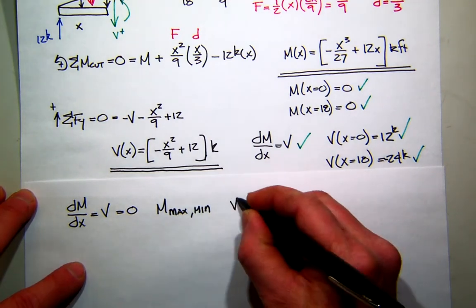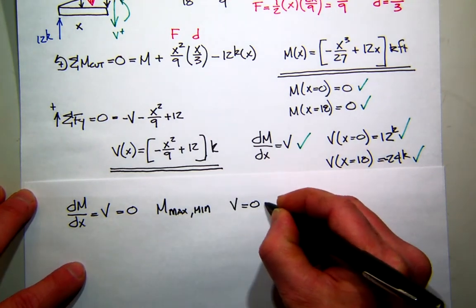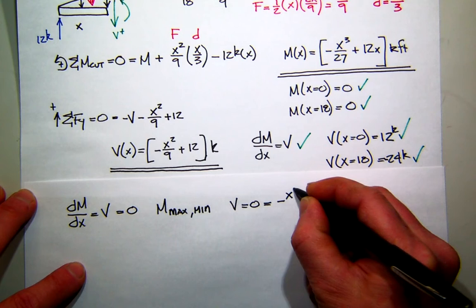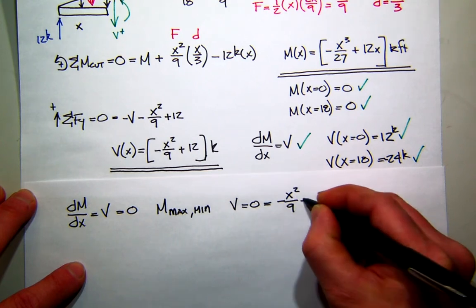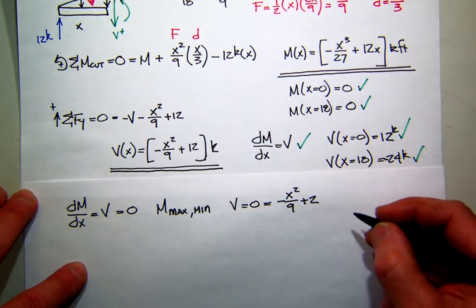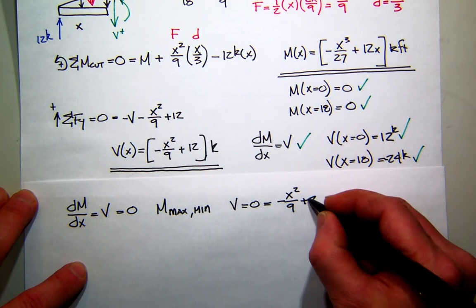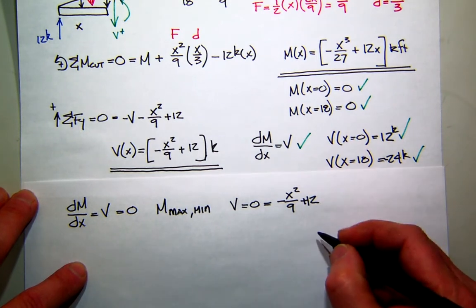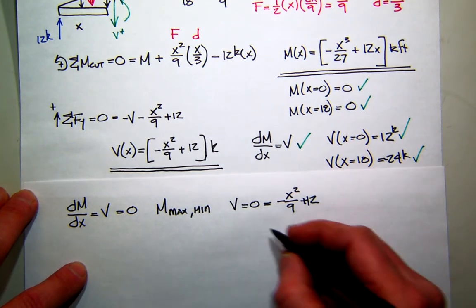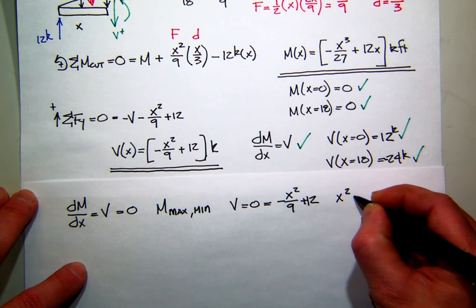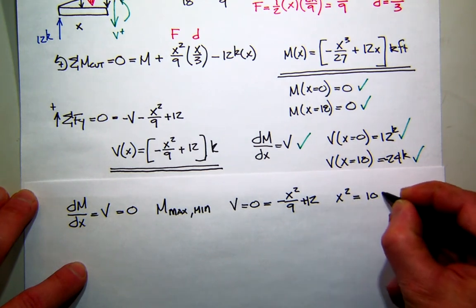Yes, we can. So the shear equal to 0 is equal to minus x squared over 9 plus 12. So when you solve for that, I put that on the other side, and it looks like x squared is equal to 108.